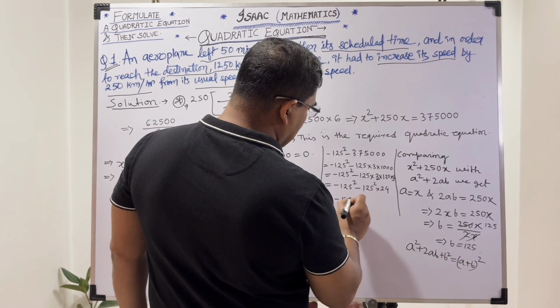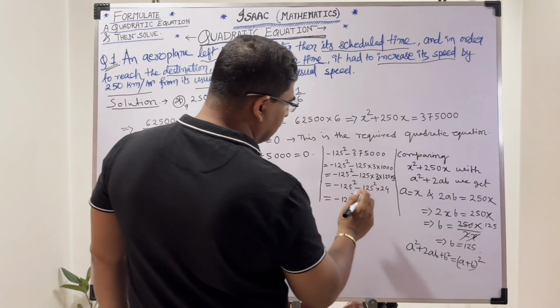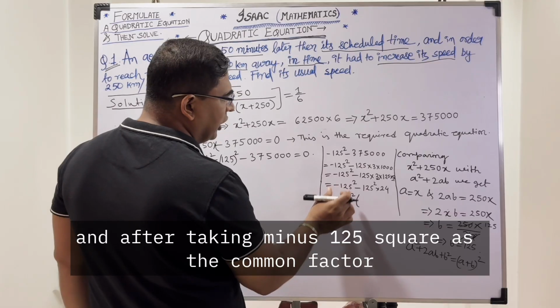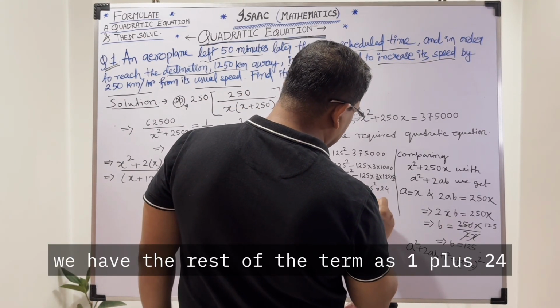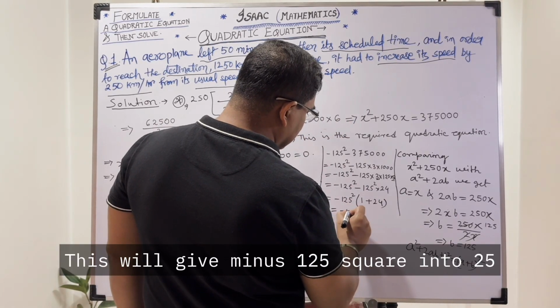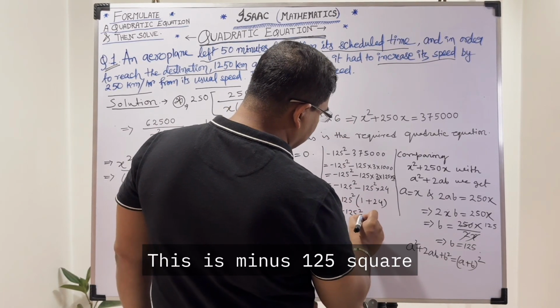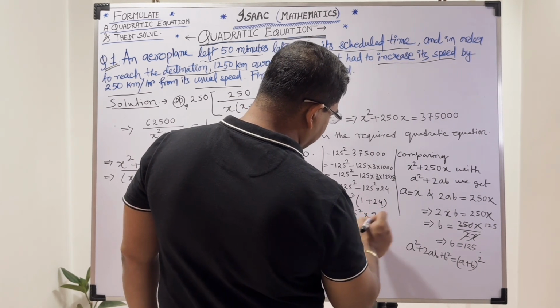So minus 125 square is the common factor between these two terms, and after taking minus 125 square as the common factor, we have the rest of the term as 1 plus 24. This will give minus 125 square into 25.